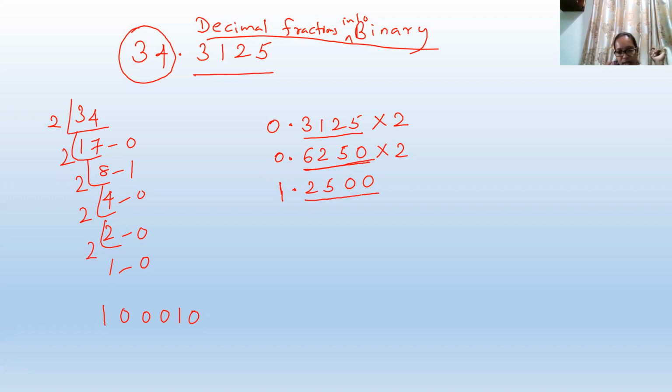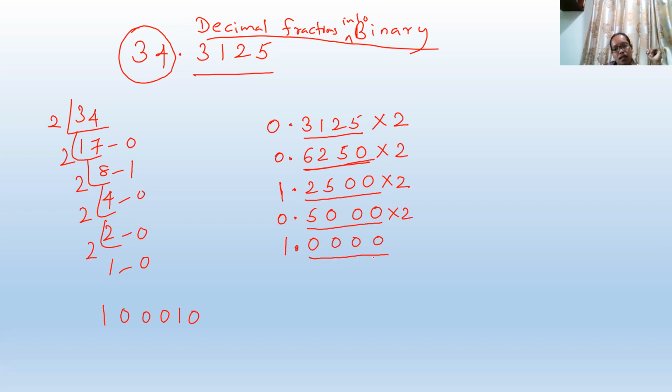Take only this fraction part and multiply it by 2. Don't consider the whole number part. Only the fraction part you have to multiply by 2. That is how much? 0.5. You have to take this 0.5, the fraction part only, and multiply it by 2. That is now 1.000. Once you took this 0 answer here, you have to stop from that point.